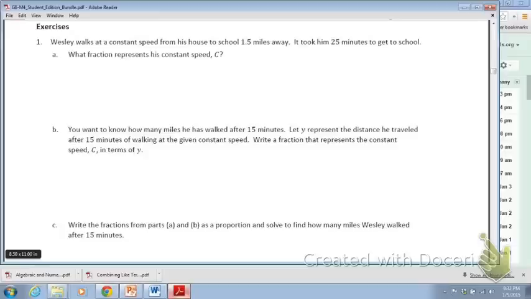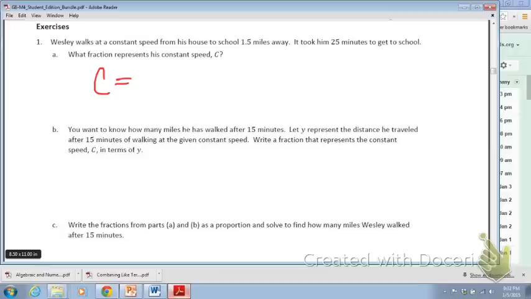Okay, so Wesley walks at a constant speed from his house to school 1.5 miles away. It took him 25 minutes to get to school. What fraction represents his constant speed, C? Well, his speed is going to be his distance divided by his time.